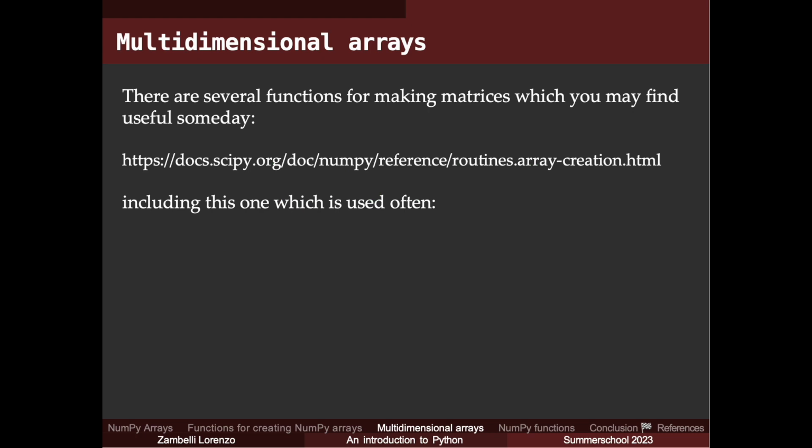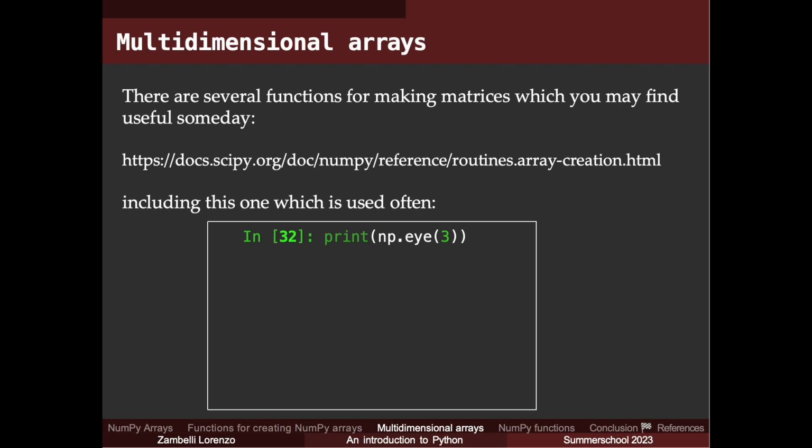To find additional functions and properties for multi-dimensional arrays, go to numpy.org or scipy.org. SciPy is a better optimized version of NumPy. We can also use the eye function, which is a nice way to create an identity matrix, in this case of size 3.